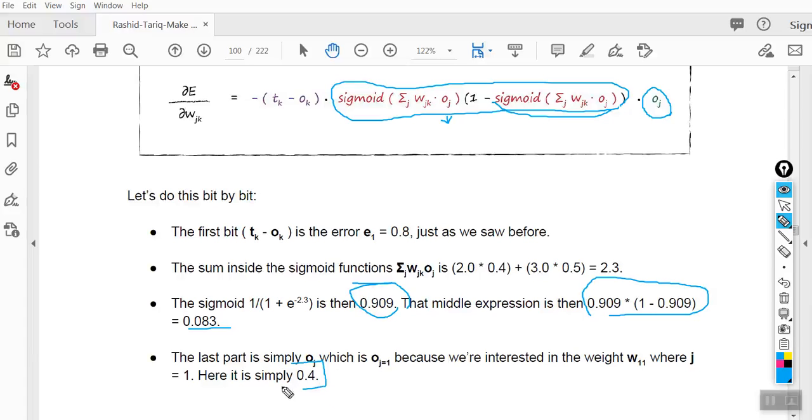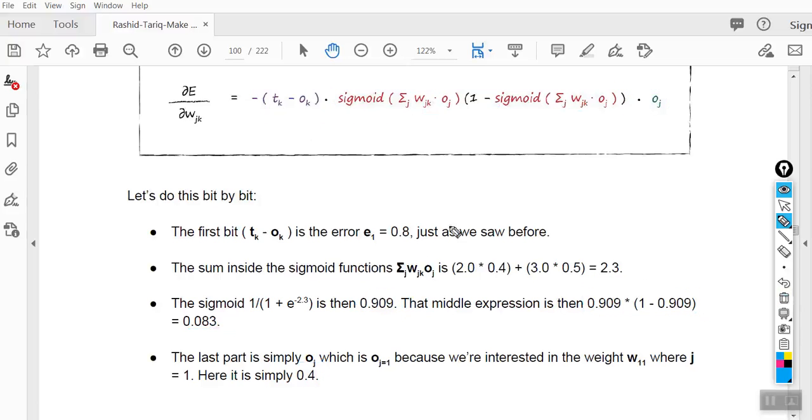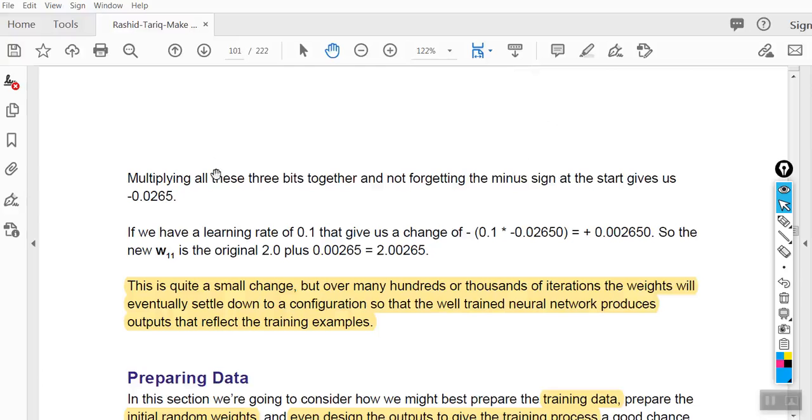Because of this, there is 0.4, and this is also 0.8. Finally, we multiply this and this, and multiply by minus. Then we calculate this fraction, and it is around this.